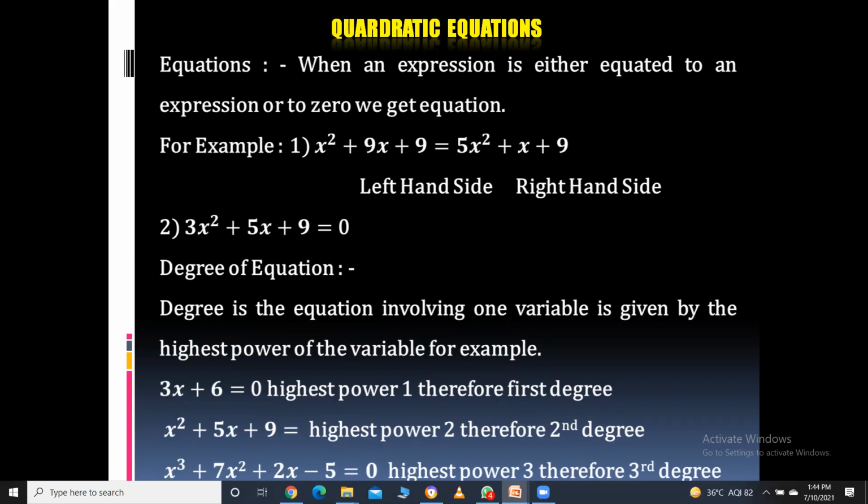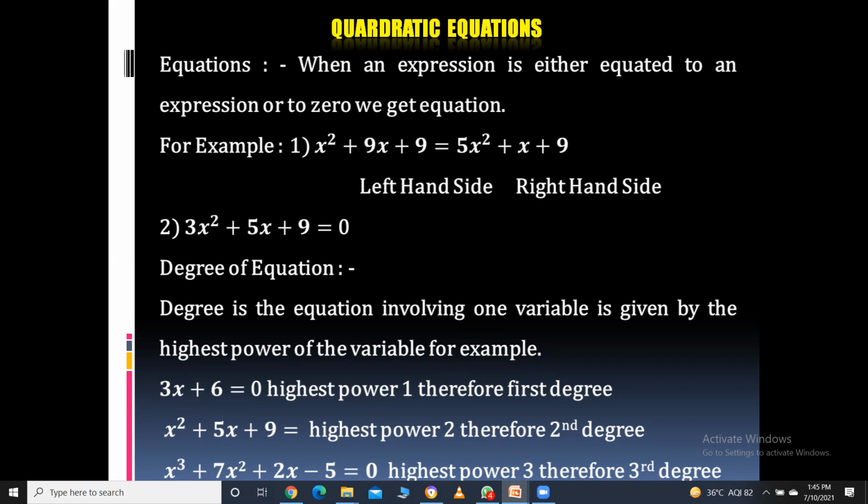It means the left hand side of the expression has been equated to the right hand side. In the second example, 3x square plus 5x plus 9 has been equated to 0. So in equations, the left hand side may be equal to the right hand side, or may be equated to 0.